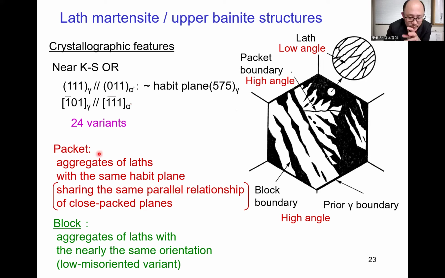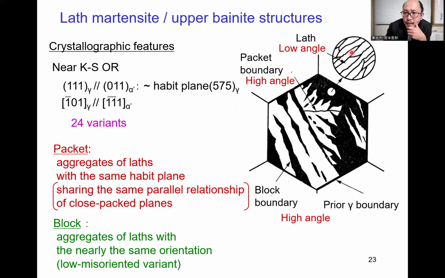Therefore, variants in one packet share the same parallel relationship of close-packed planes. So this is one packet. And this packet is further subdivided into several blocks. A block is the aggregate of laths with nearly the same orientation.